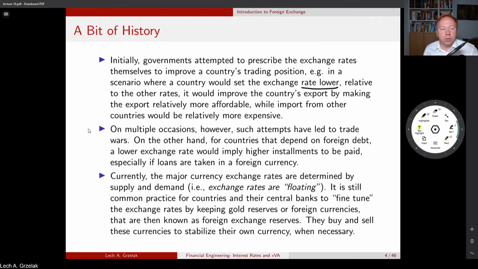On multiple occasions, and this is point number 2, attempts at weakening currency have led to trade wars. A trade war is basically a situation when two countries fight to weaken their currency further.